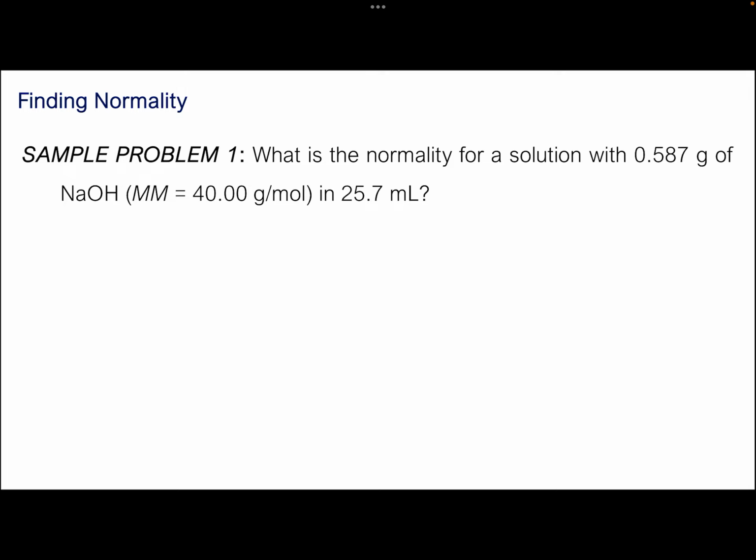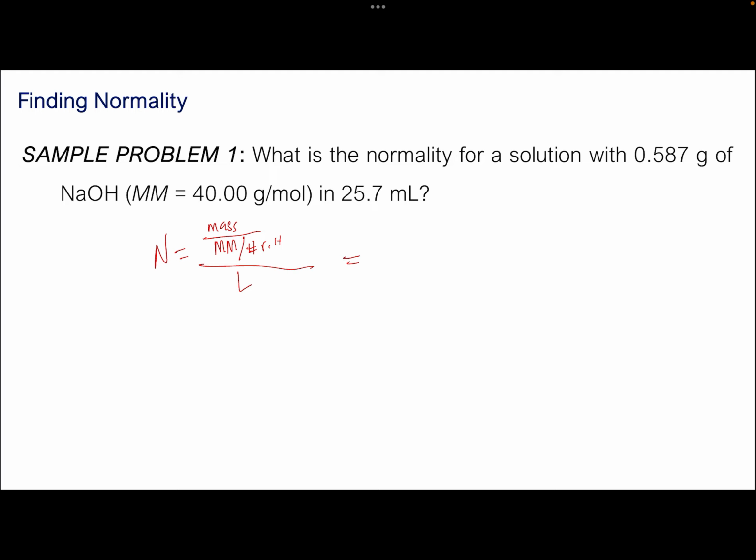Again, to calculate normality, use the formula N equals the mass divided by the molar mass over the number of replaceable H or OH, divided by the volume of solution in liters.